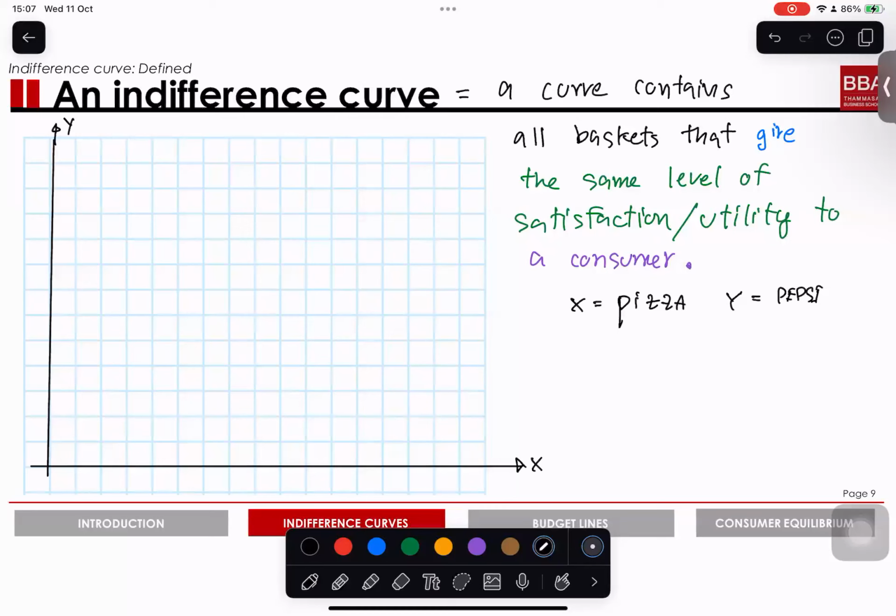No pizza, no Pepsi. And you can see that in this ocean, it's full of baskets containing the mixture of pizza and Pepsi combinations. Any dot that you spot, you will see a positive amount of the two goods, or maybe non-negative. Okay. Now, put the scale.